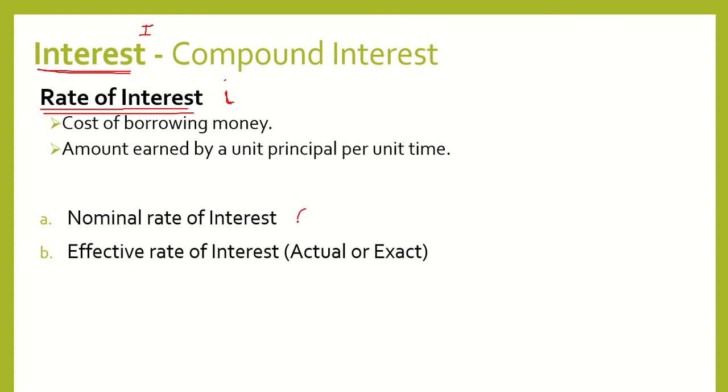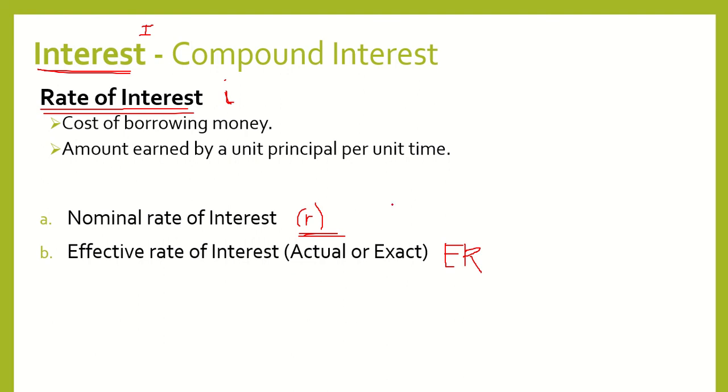Nominal rate of interest is denoted by the variable lowercase r, while the effective rate of interest, or the actual or exact interest, is denoted by ER. In most of the equations, we will be using r.